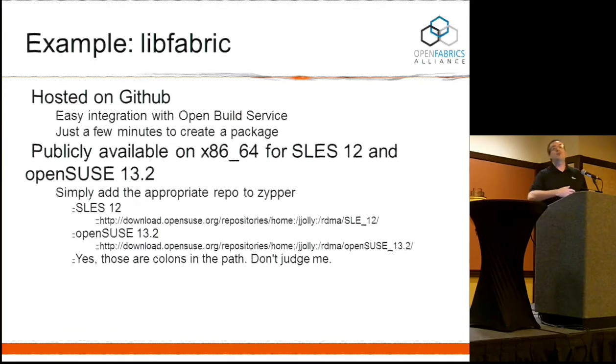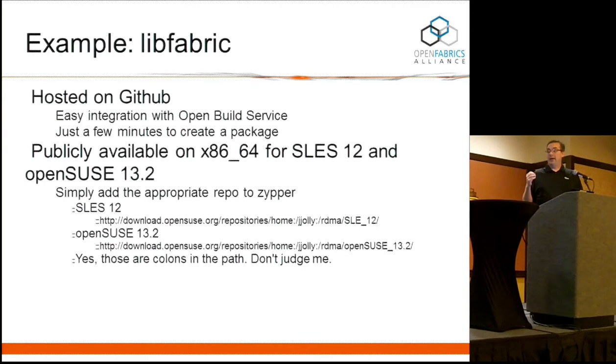But this can be true for everything that is in the OFED distribution. Everything that's in the OFED distribution can be made a project in the openSUSE Build Service. And actually, a vast majority already is. You can find most, in fact all of OFED in the openSUSE Build Service right now.